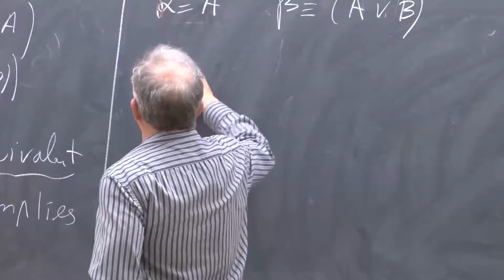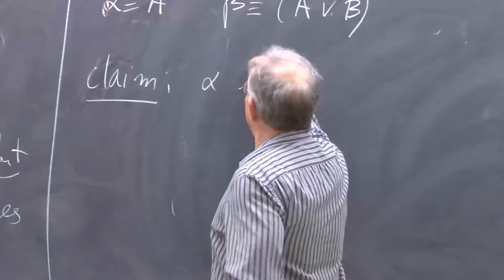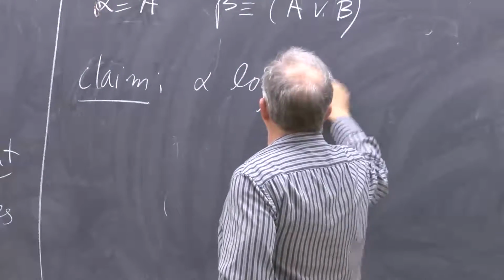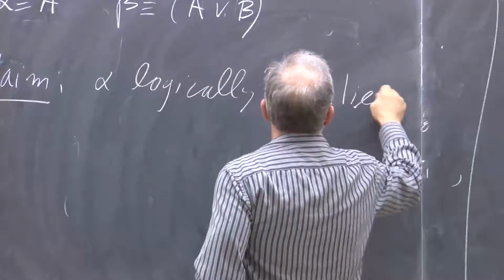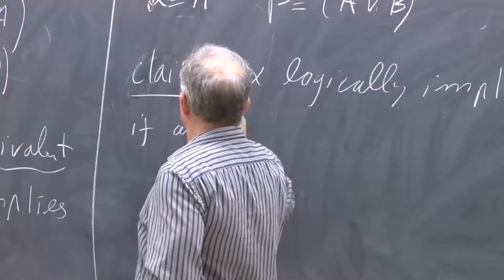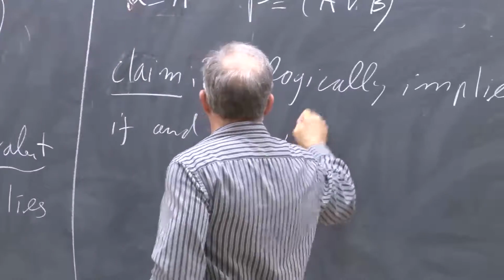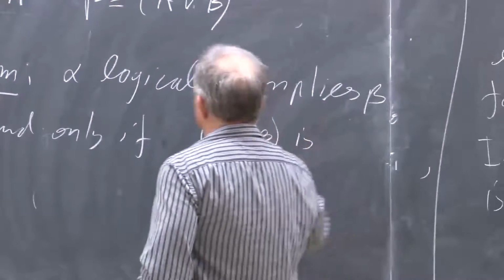Here is a simple claim: alpha logically implies beta if and only if alpha arrow beta is a tautology.